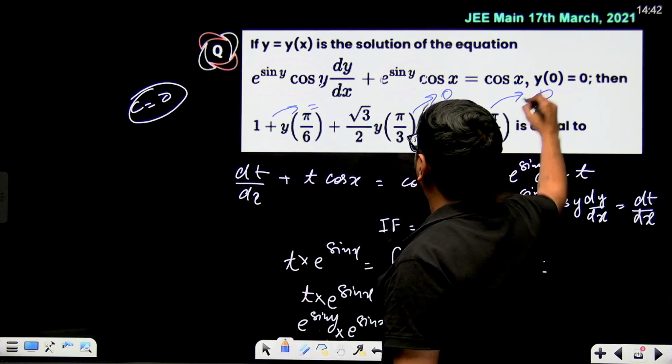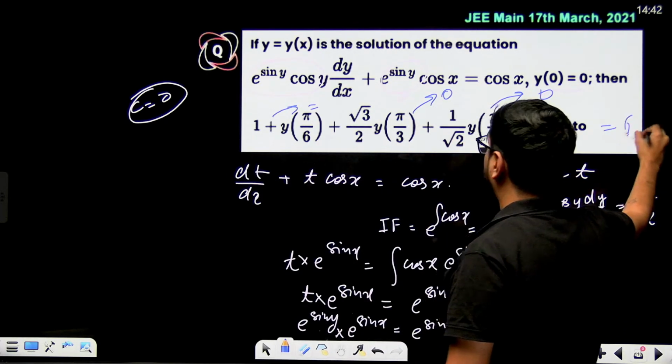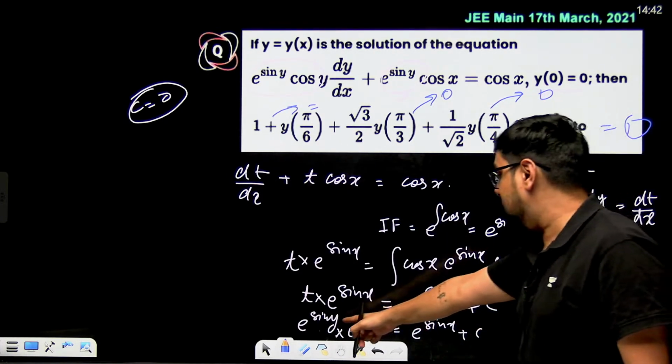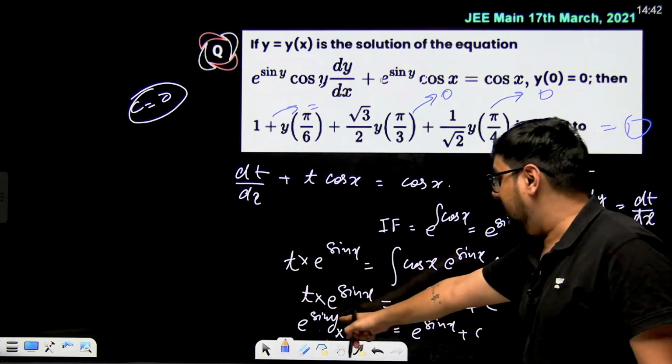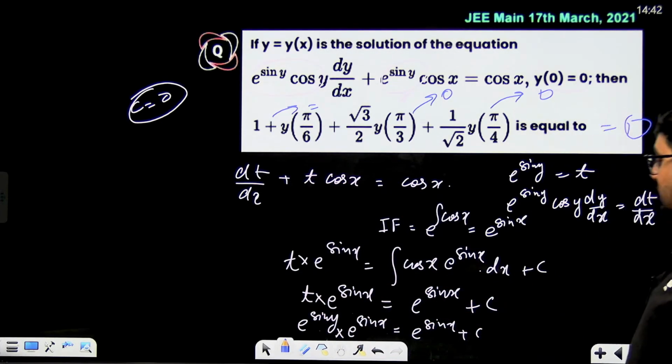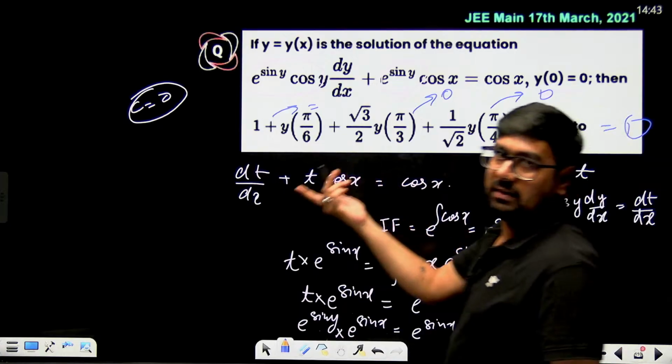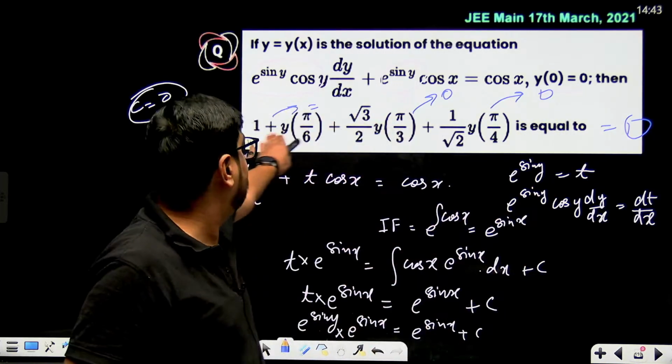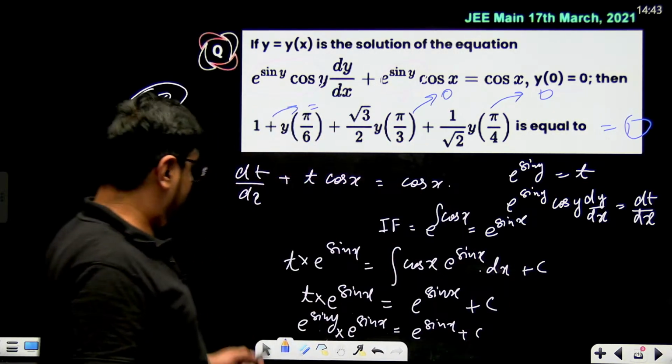All of these will be equal to 0. So this will be equal to just 1, right? You can find y at pi by 6 also. The value of y, putting x as pi by 6, everything will become 0 only, because sin y will come out to be equal to 1. That means y will be equal to 0. All of these will be equal to 0. You can check, all of these will be equal to 0.